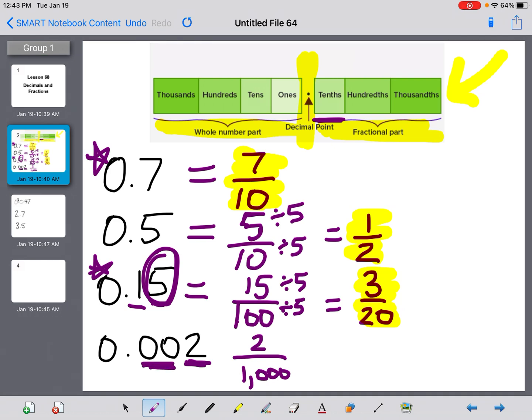Because these are zeros here, you don't have to put them in front of that. You don't have to write 002, you can just write 2. Okay, so here's an example. This is 2 thousandths, and I can simplify that. So I divide by 2, divide by 2, we get 1/500, and that is in simplest form.